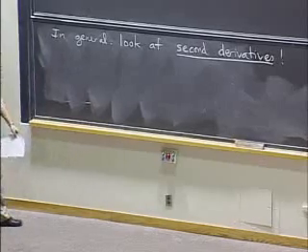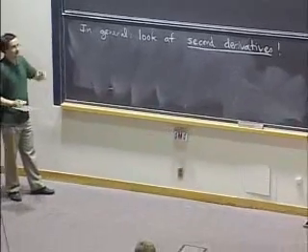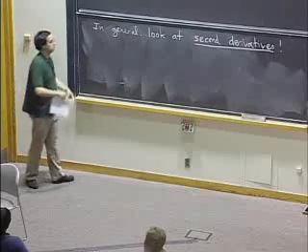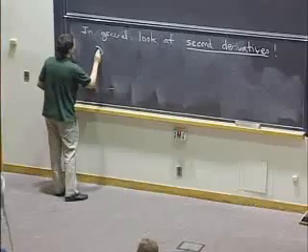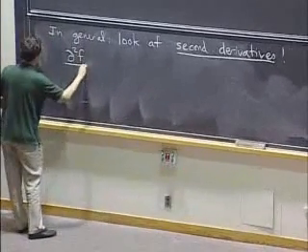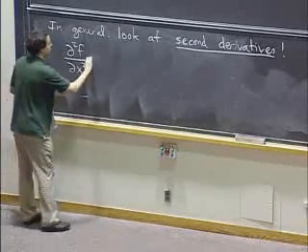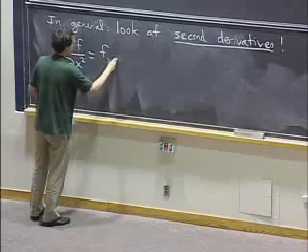Well, we can take the derivative first with respect to x, and then again with respect to x. That gives us something we denote by partial square f over partial x squared, or f sub xx.